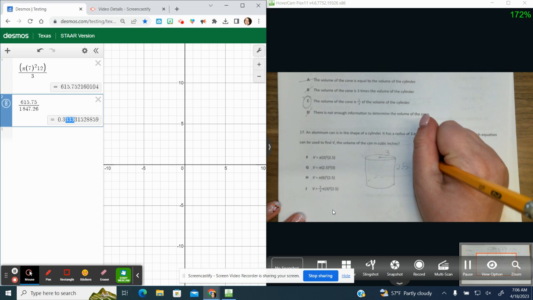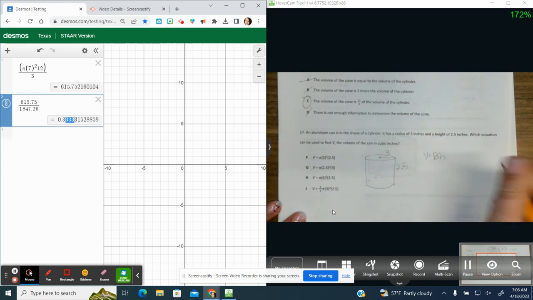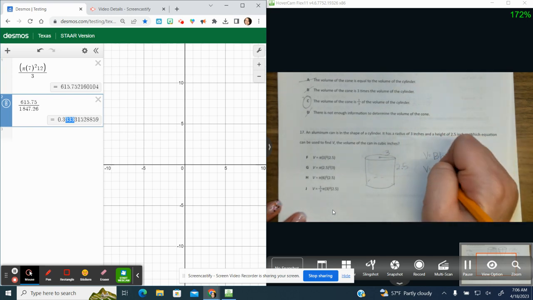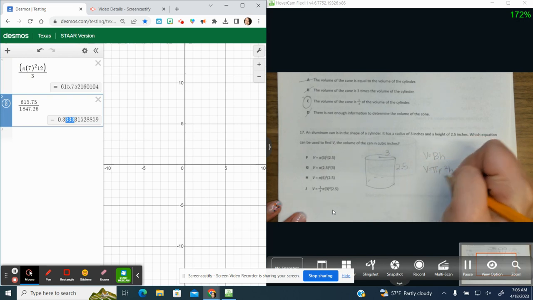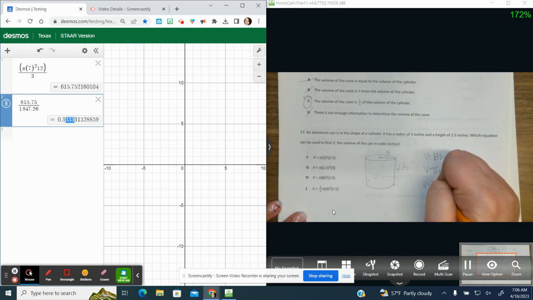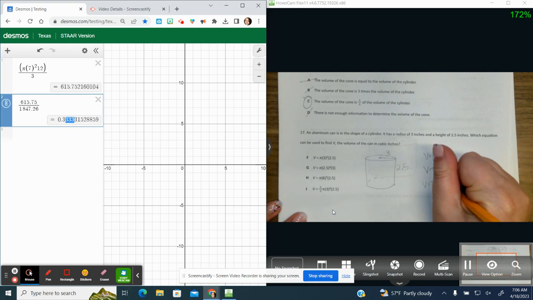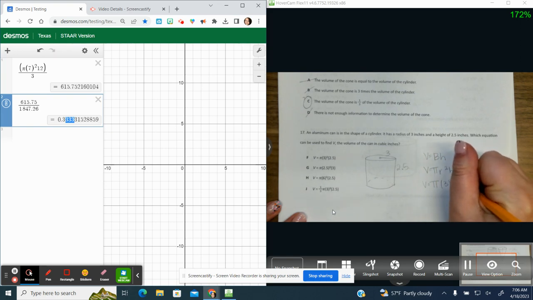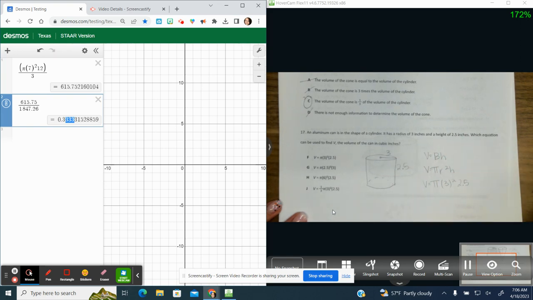So V equals big B times h, where we plug in pi r squared for big B. So V equals pi times 3 squared times 2.5. So it looks like answer F is our closest one.